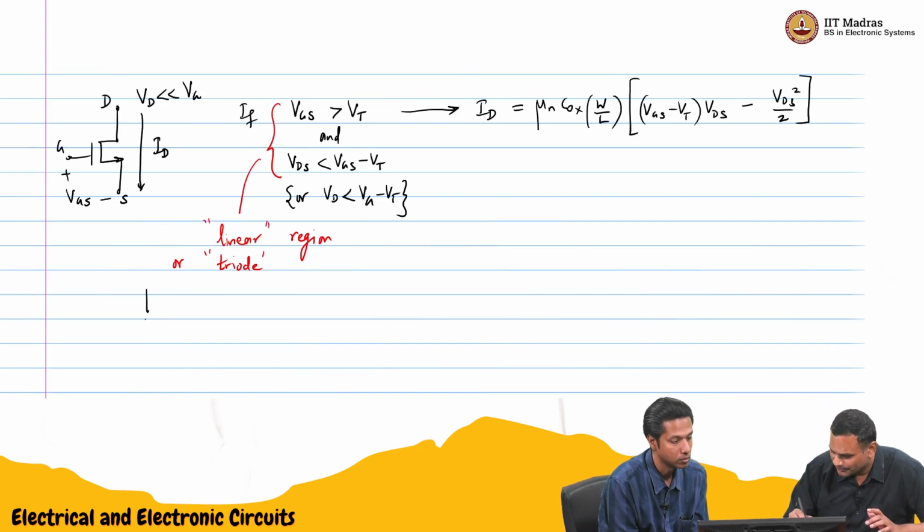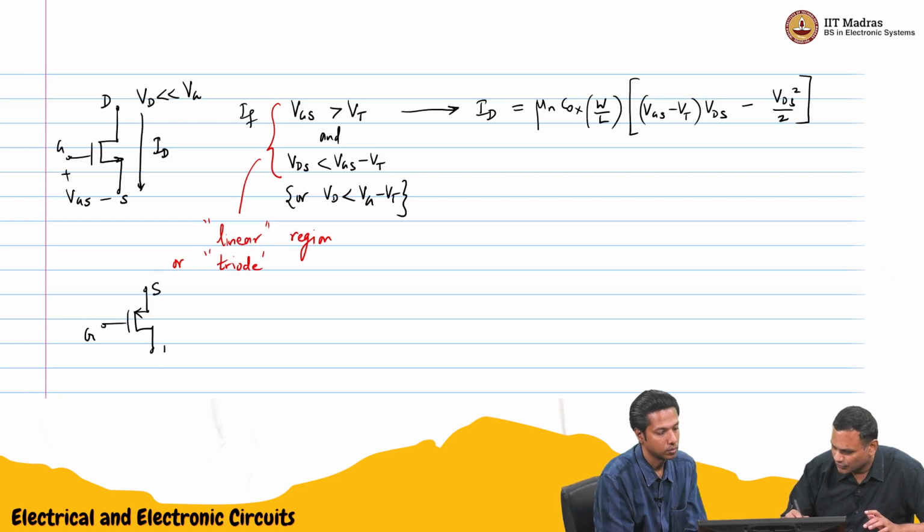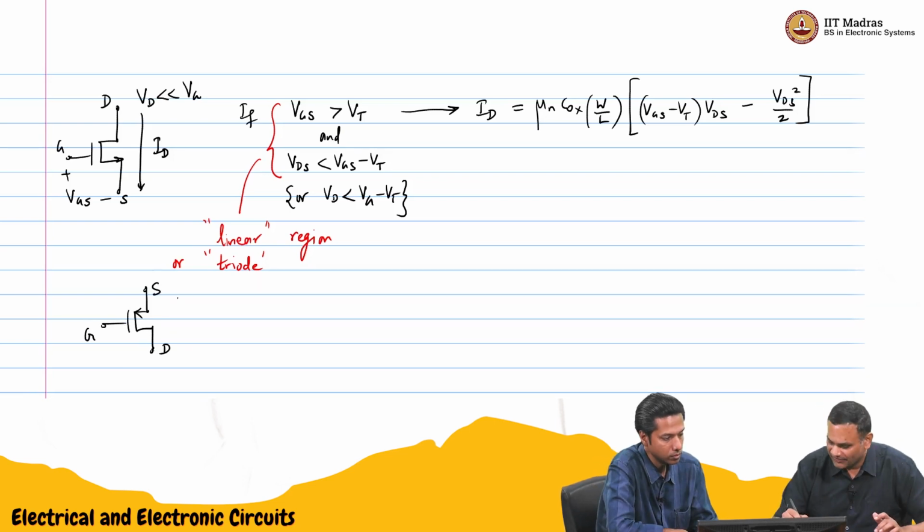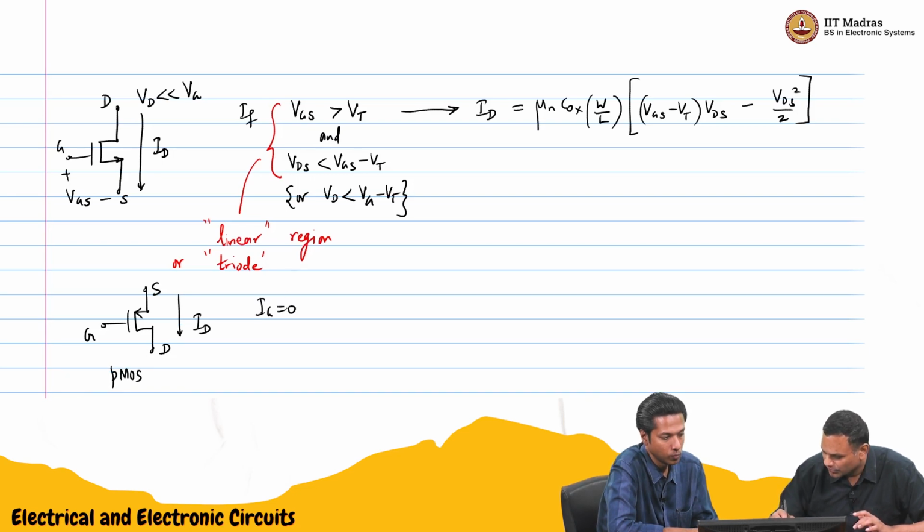So, gate, source, drain, and we again have the drain current. Here also IG is 0, so this is a pMOS, and IG is 0 here also. No problem.